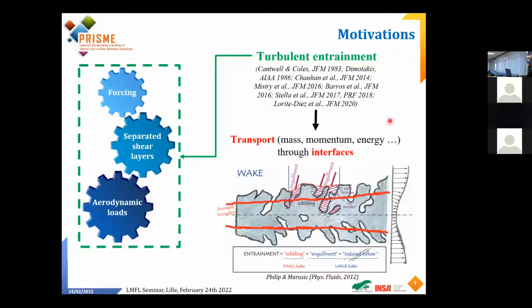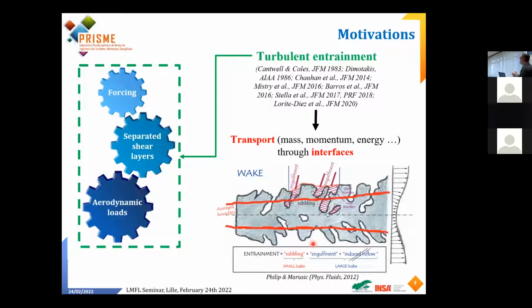And if we want to optimize the energy of the system, then you would like to see how the entrainment of energy is doing in that system. But you can apply this type of concept to any other quantities, like concentration, like reactant if you are doing combustion, and so forth.